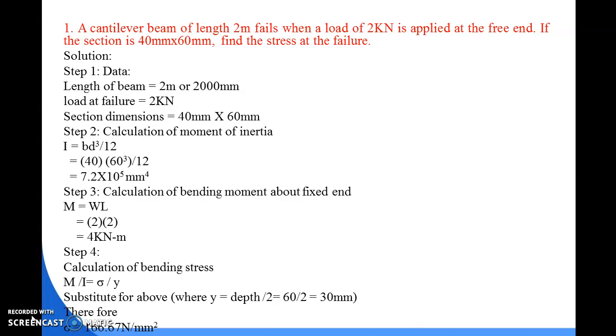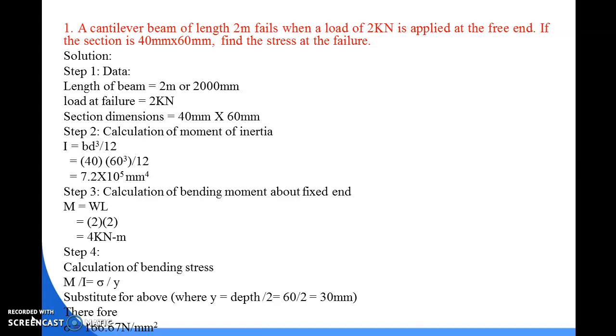So first of all, we should write what are the data given here. The length of the cantilever beam is given, which is 2 meter, so converting it into 2000 mm. Then the load is given, which is 2 kilonewton, which is a point load at the free end of the cantilever.